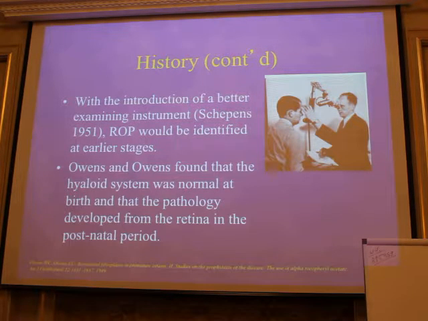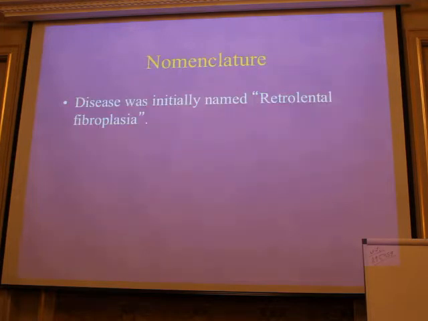And it was 2 ophthalmologists who were brothers that found that the hyaloid system is normal. It's not like what Terry was presuming. It's in fact normal, and somehow later this fibrovascular membrane comes. Not only that, they determined that it came from the retina. It wasn't a retrolental problem. It wasn't a hyaloid artery that's remaining. It is actually from the retina.